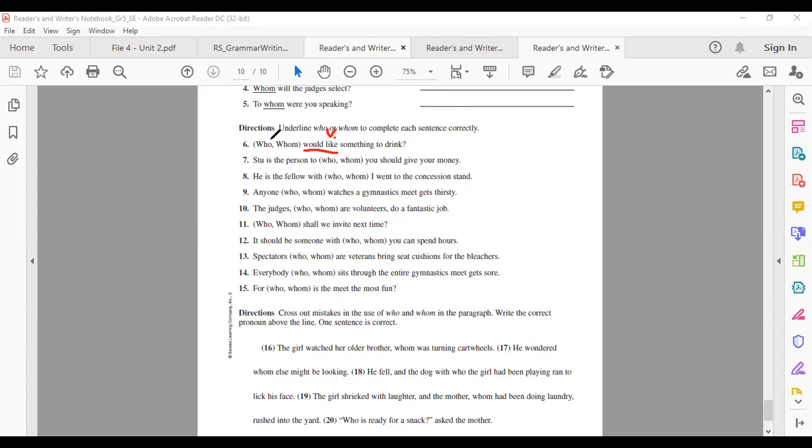Okay. We have the blank here before the verb. So should we put who or whom? We said before the verb, what comes? Subject or object, Jude? Before the verb, what comes?